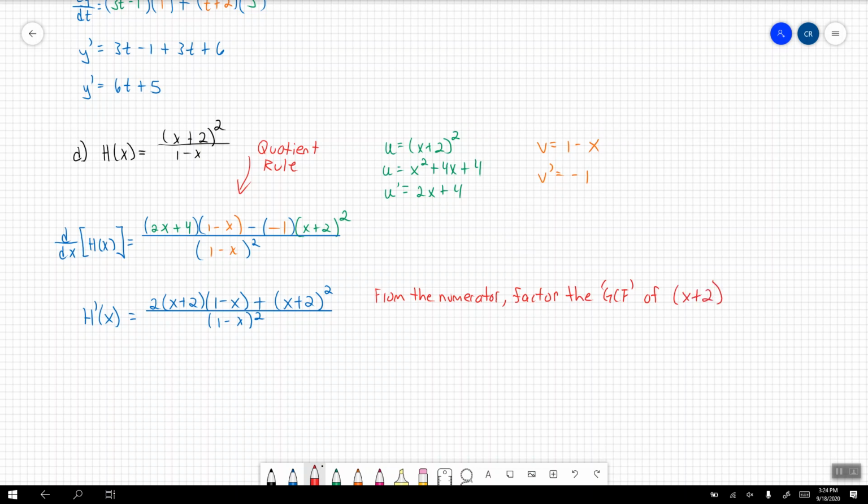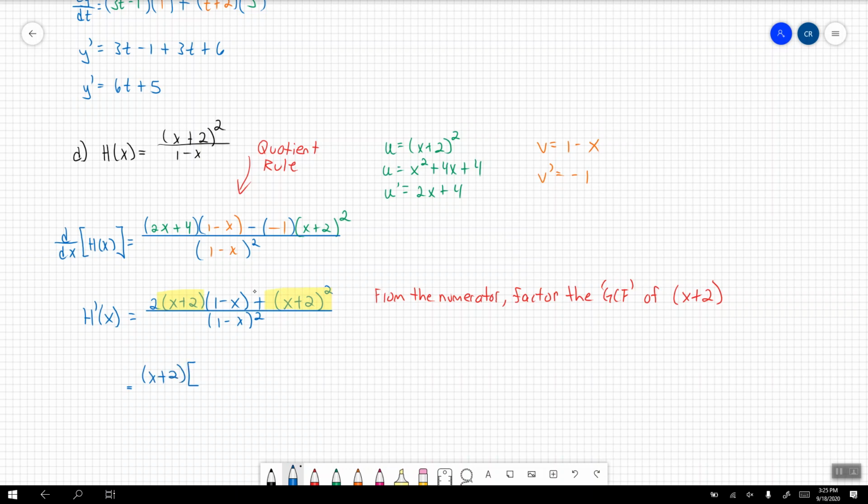So on that numerator, I have a GCF of x plus 2. I'm going to highlight that numerator because I do have that x plus 2 factor. And I'm going to use that factor to pull it out, or factor. And we're going to be left with x plus 2 quantity.